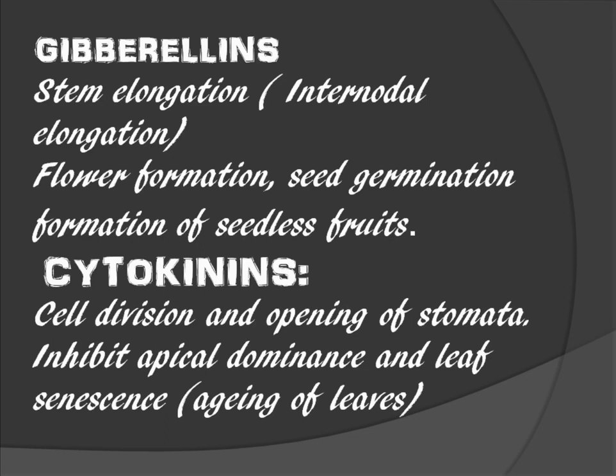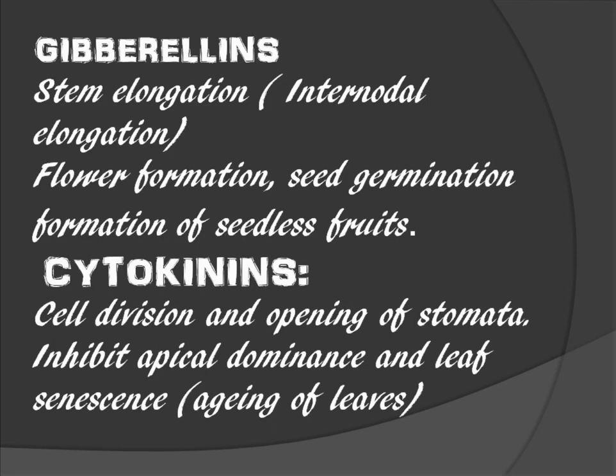Another important growth promoter hormone is cytokinin. From the term cytokinin, you can understand that this hormone plays a vital role in cell division, and this is also responsible for opening of stomata.